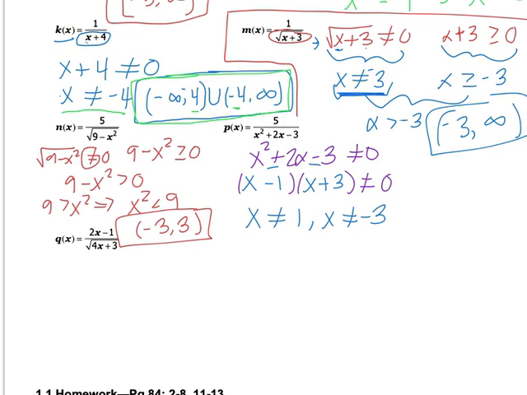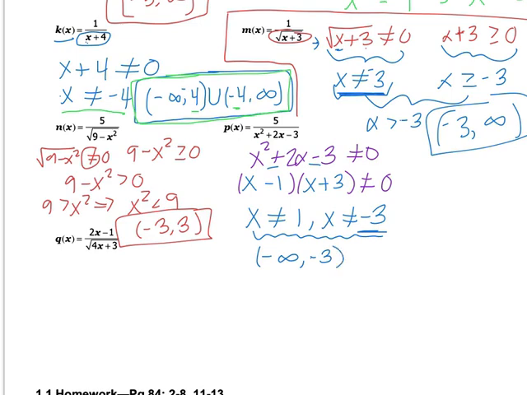So now the fun part would be taking these restrictions and writing them out using interval notation, because we want to represent this domain using intervals. So if you think about all the values we can use on a number line, we can use any value infinitely small all the way up to negative 3. So that would mean our first interval would be negative infinity all the way up to negative 3.